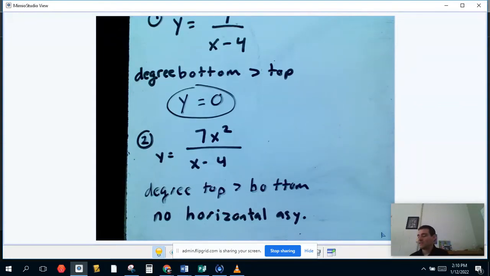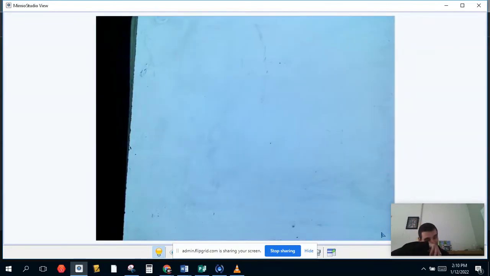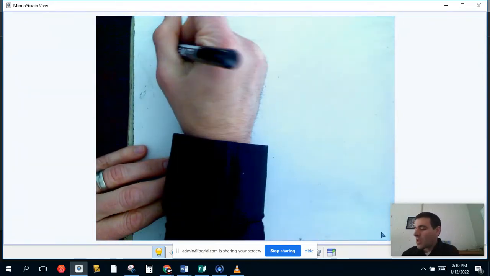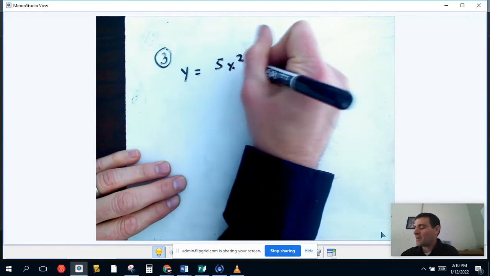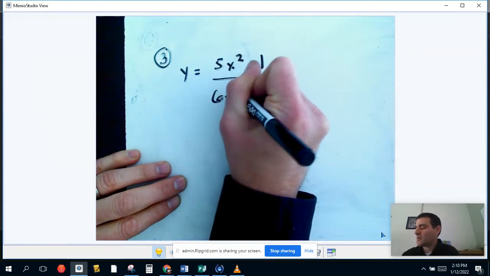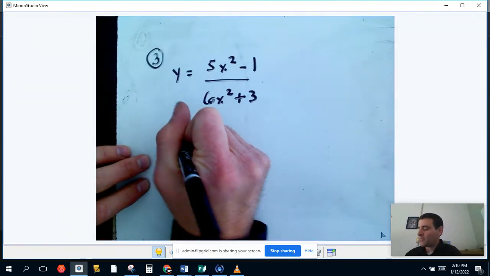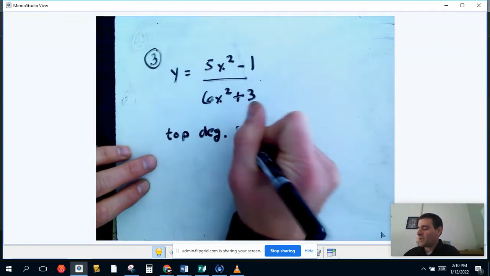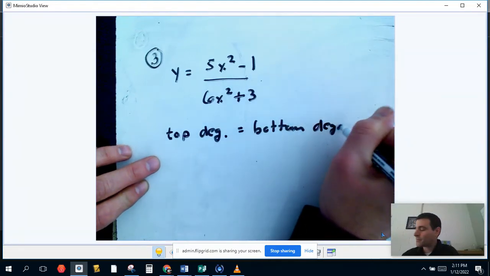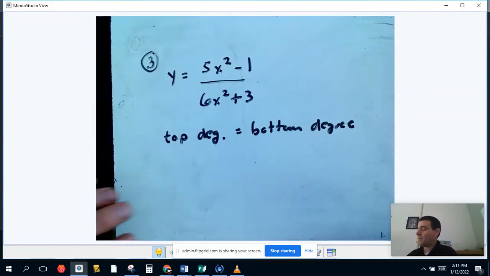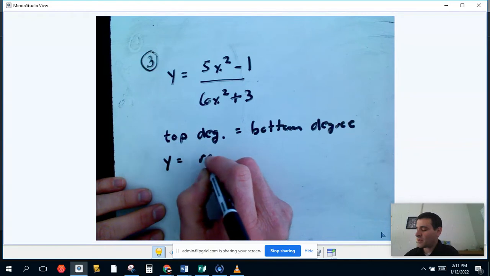All right, so let's now look at the third scenario, which you might imagine is when they're the same. Okay, so something like y is equal to 5x squared minus 1 over 6x squared plus 3 to keep it simple. So here the degrees are equal. So top degree equals bottom degree. Okay, if that's the case, then you're going to take the ratio of leading coefficients.